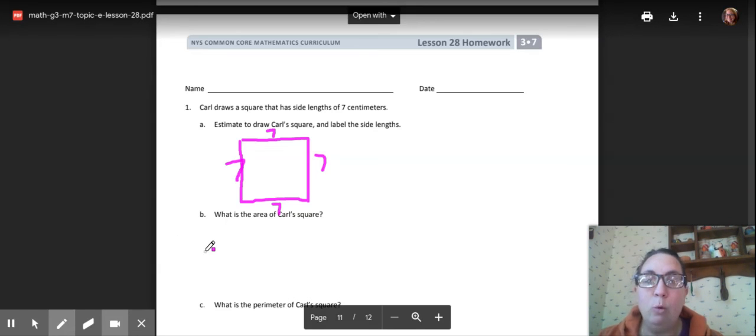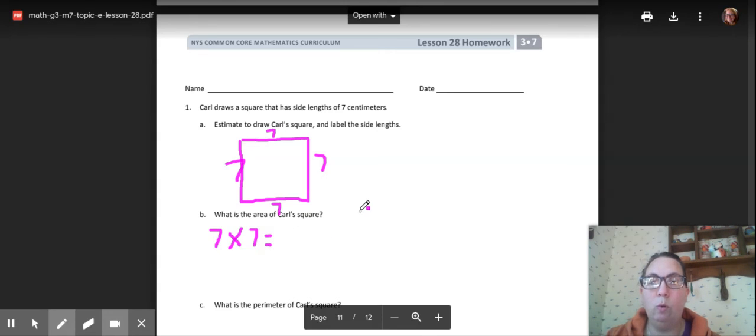B, what's the area of Carl's square? So remember, the area is when you multiply the width times the length. So 7 times 7 equals. I know some of you know your sevens. Some of you kind of struggle with your sevens, so you could skip count by 7.